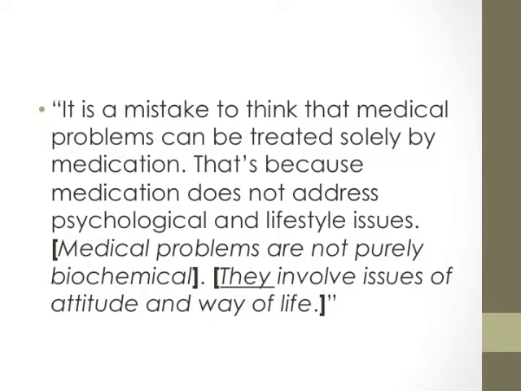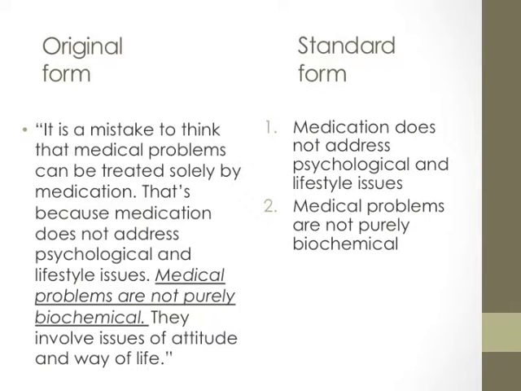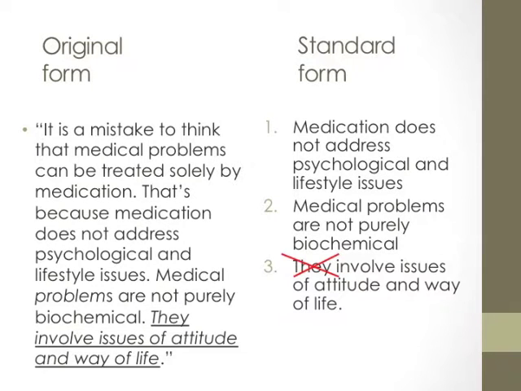In particular, we have two premises separated by a period, and here we're marking them explicitly. So we enter the premises into the standard form column. Okay, premise 2 is medical problems are not purely biochemical. Now consider premise 3. It begins with the pronoun they. In this case, it is clear that they refers to medical problems, given the relation between this sentence and the previous one.